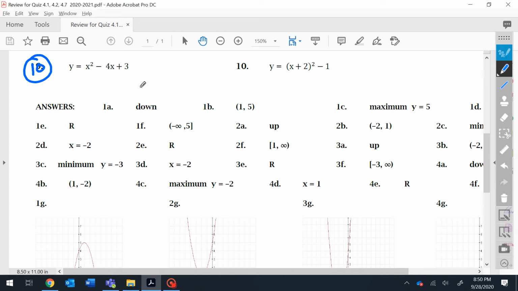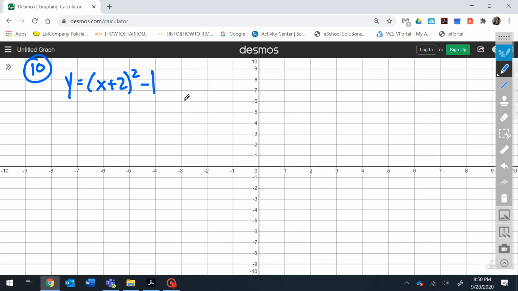Number 10, same type of problem. We have y is equal to (x plus 2) squared minus 1. We are looking for the solutions, which means that we're going to need our graph.